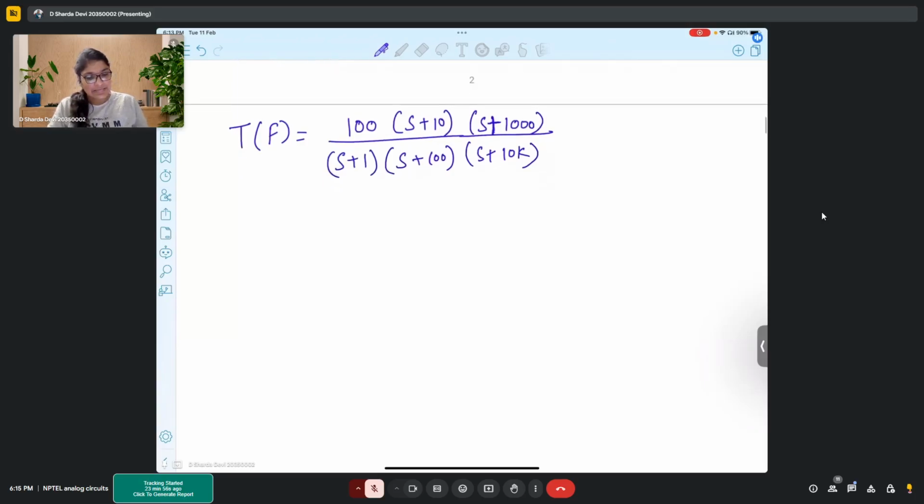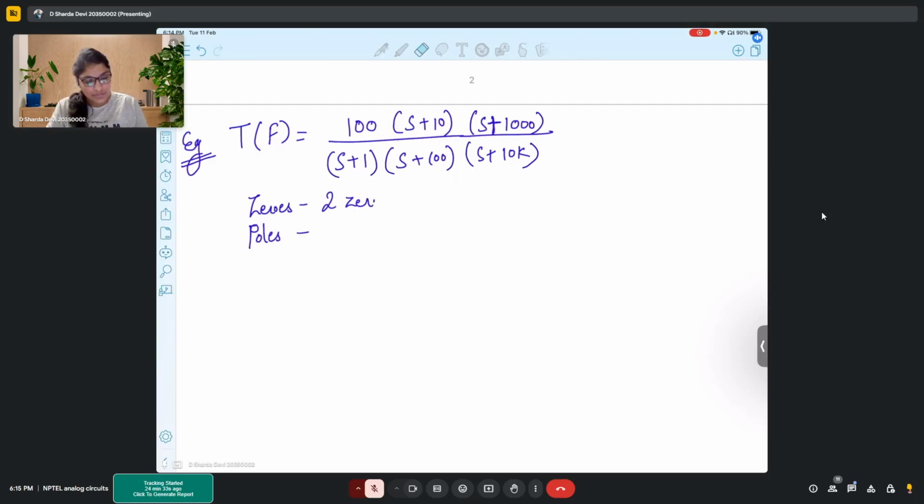Right? So let's consider this example. In this example, first of all, how many zeros are there and how many poles are there? Yes, how many zeros do we have and how many poles do we have? Yes, two zeros. Please unmute yourself and answer. Okay. So we have two zeros.